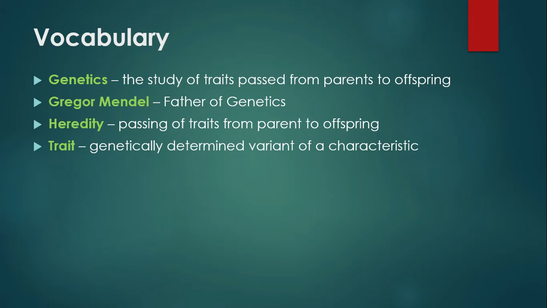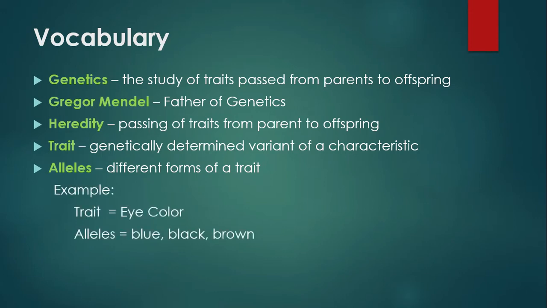Then a trait is said to be a genetically determined variant of a characteristic, and alleles are the different forms of a trait. So for us to further understand what these traits and alleles are, I have here an example. Let's take eye color as the trait, which, as has been said, is a genetically determined variant of a characteristic. So there is eye color, one characteristic.